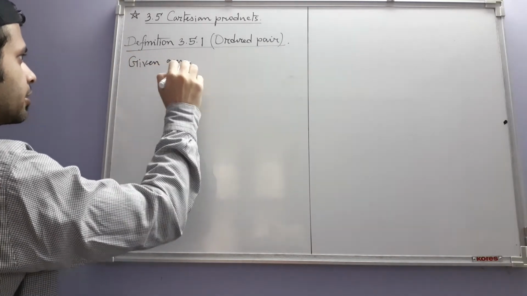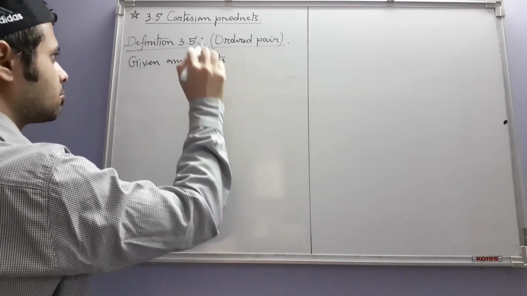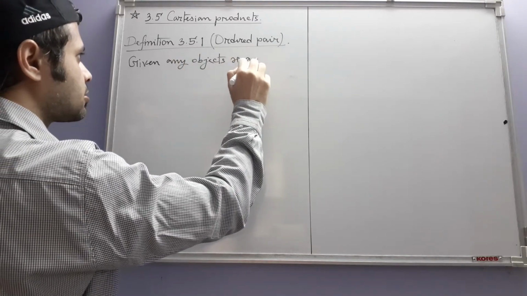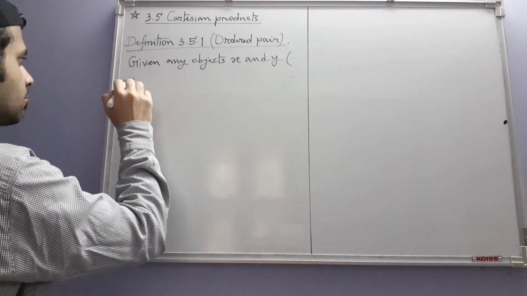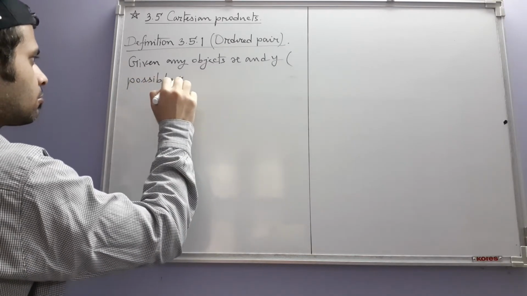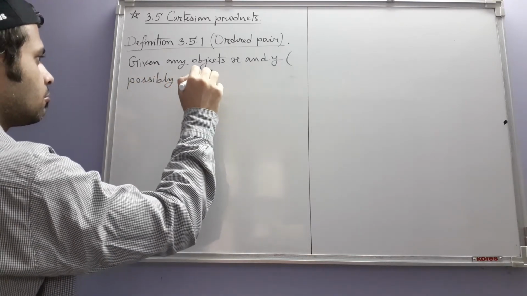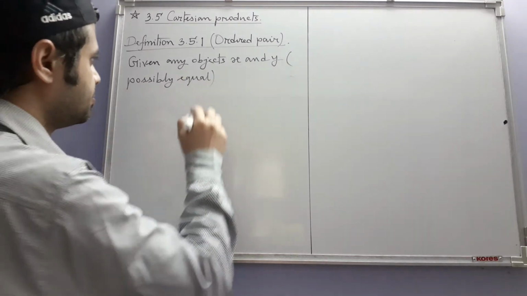Given any objects x and y, possibly equal, they may be equal also, they may be the same thing.